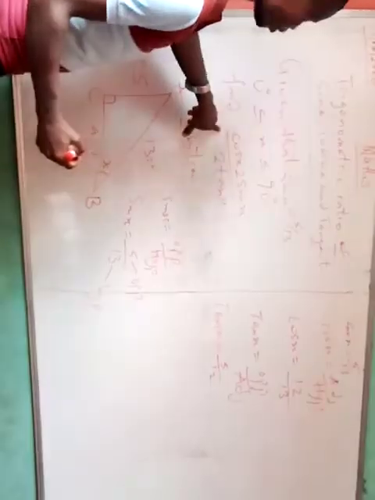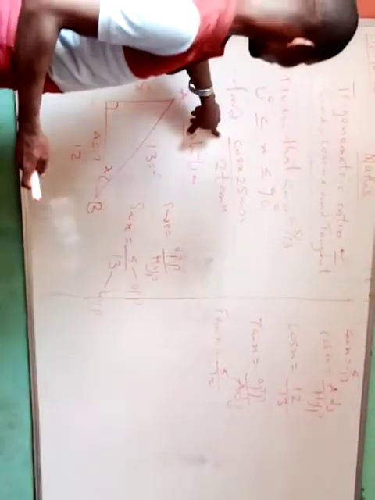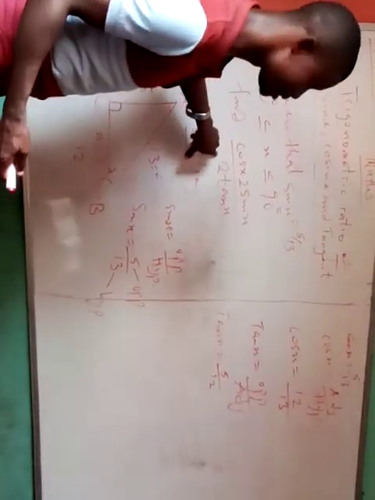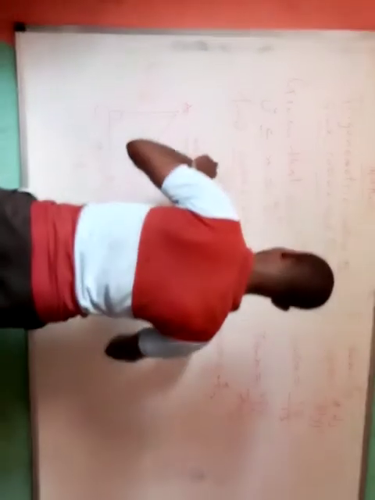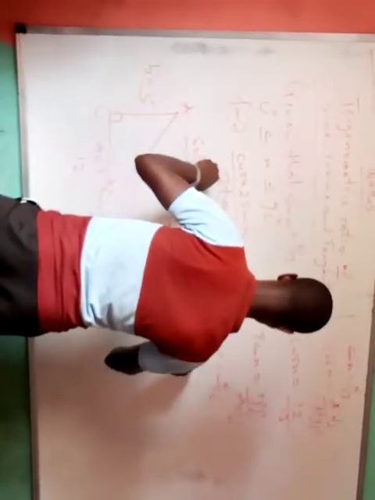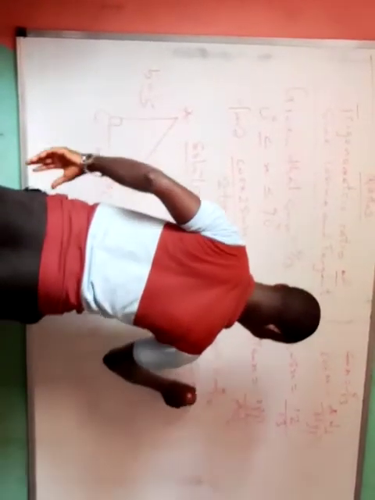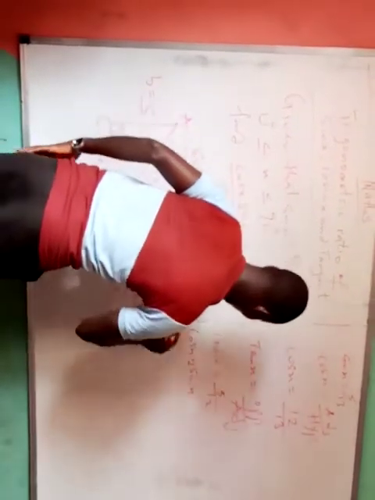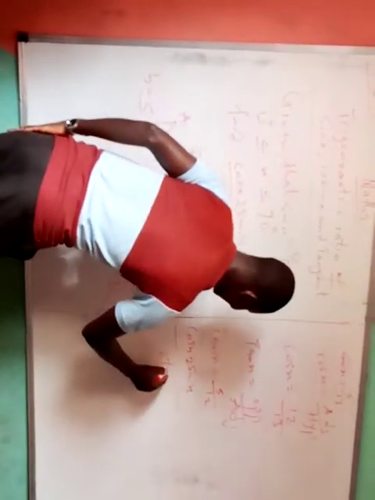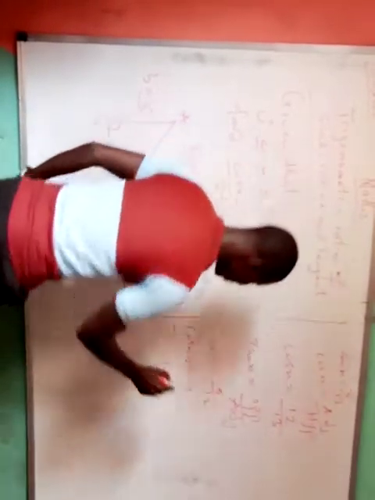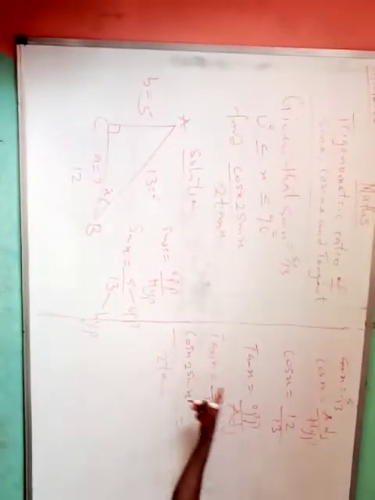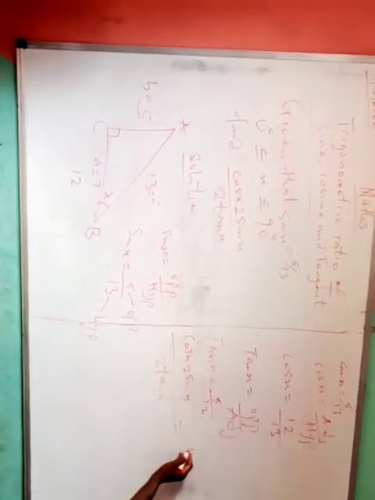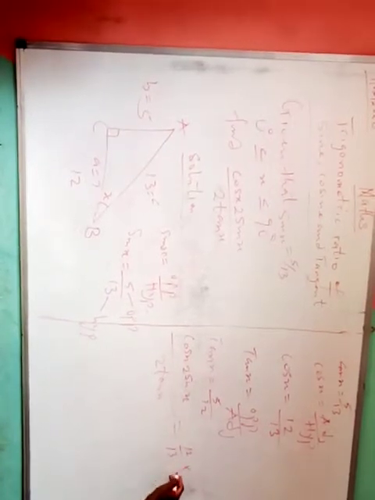Now we don't want to solve the problem now. We want to solve cos x times 2 sin x over 2 tan x. So this is going to be cos x, we have gotten cos x to be 12 over 13, times.